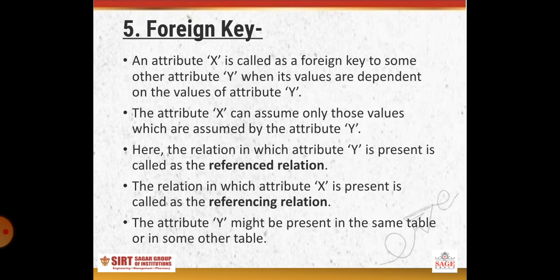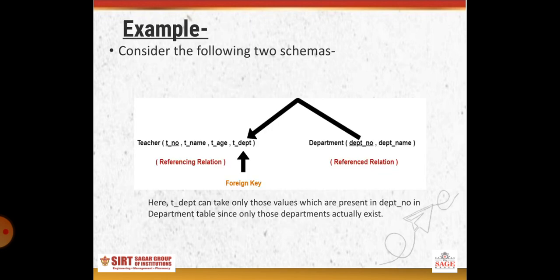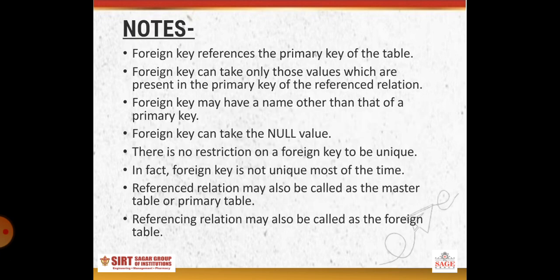The attribute Y might be present in the same table or in another table. Here consider the two schemas, teacher and department. Here the teacher's department can take only those values which are present in the department number in the department table, since only those departments can exist.